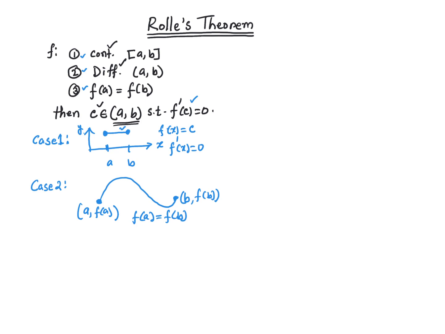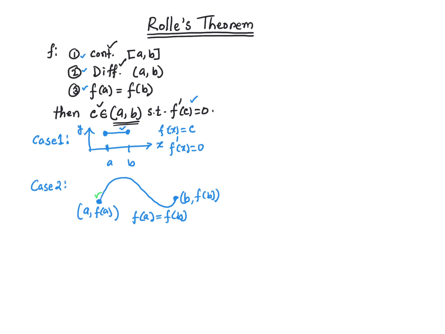Now, if you start at point A, what could happen? You could either go up or down. If you go straight up, it's a constant function if you keep going continuously that way.